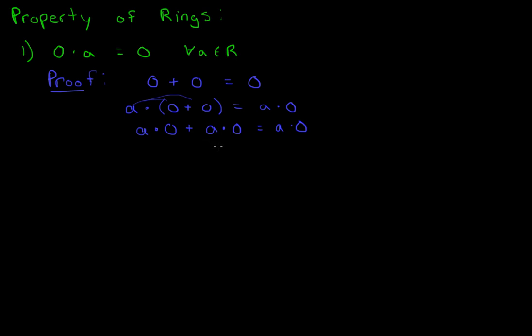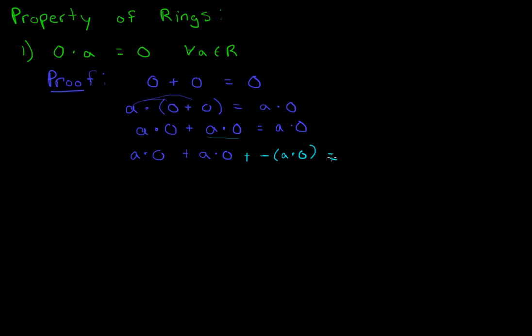And also by the properties of rings, we know that every element has an additive inverse. So I'm going to add the additive inverse for this thing, whatever it is, to the right of both sides. So we have a times 0 plus a times 0, I just rewrote this, and now I'm going to add the additive inverse for a times 0, whatever it may be.